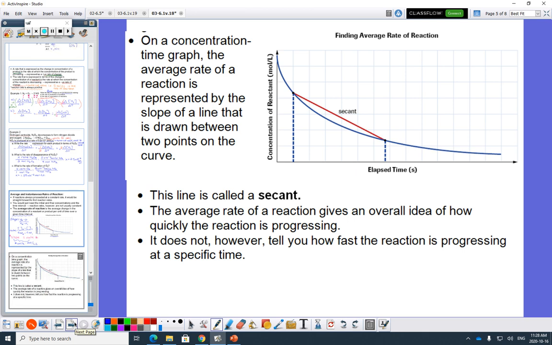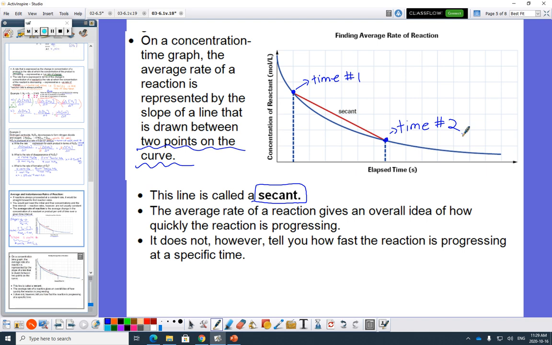When you do average, we're going to do the slope of a line, which is called a secant. The big thing about a secant is that it's 2 points on the curve. So you'd be given time 1 and time 2, which is a later time, and then you connect the dots.